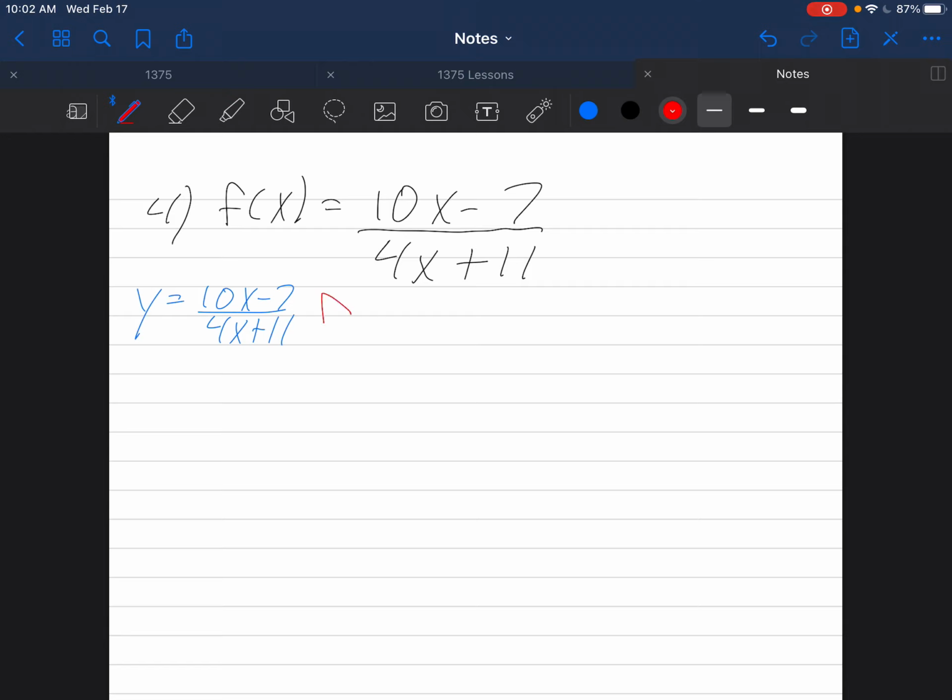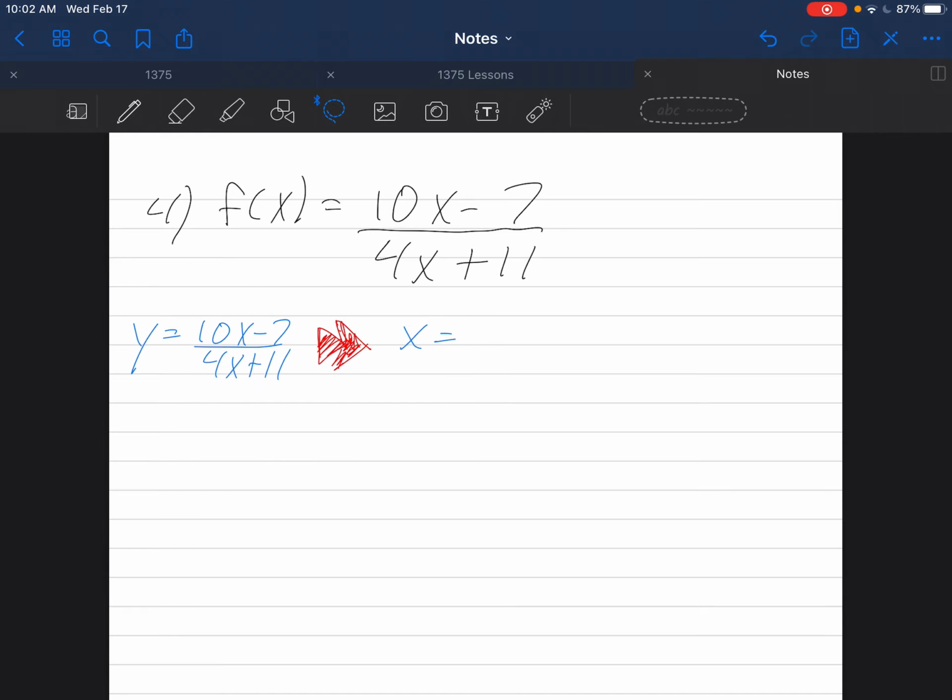And then swapping, moving forward from here, this red arrow, swapping our x and y values to get x equals, you know what, let me give myself a little more space on top so it doesn't feel so cramped. That looks better. x is equal to 10y minus 7 over 4y plus 11.